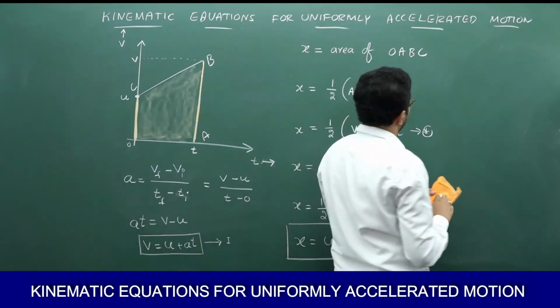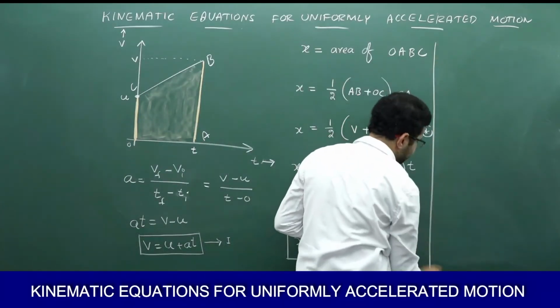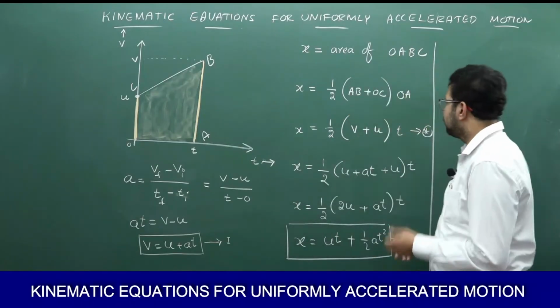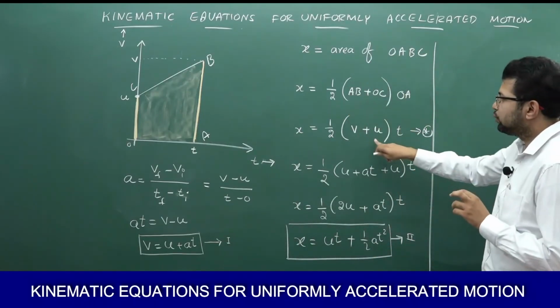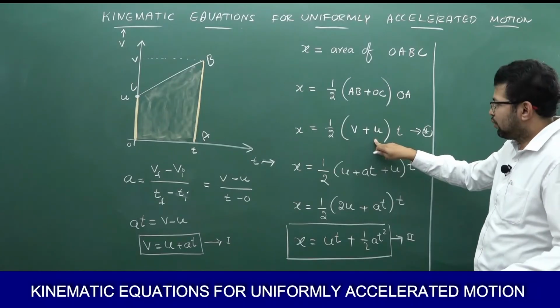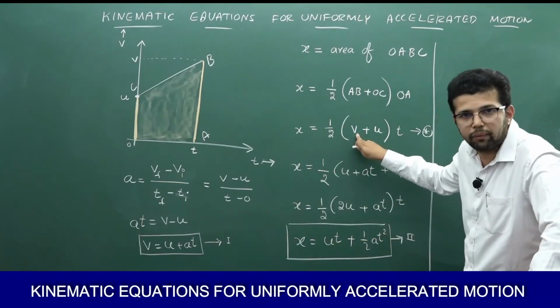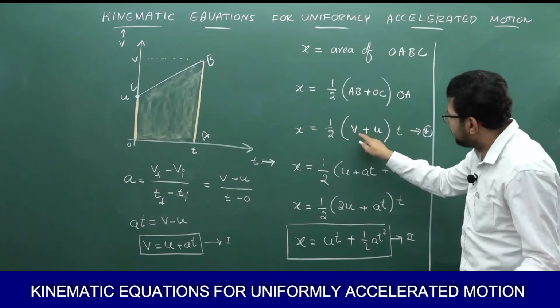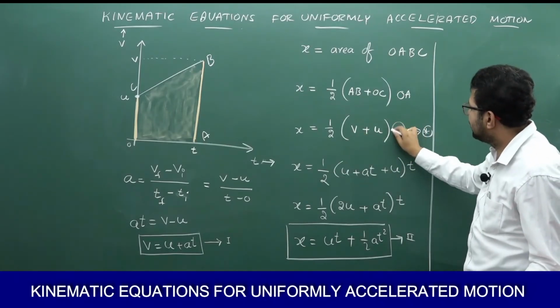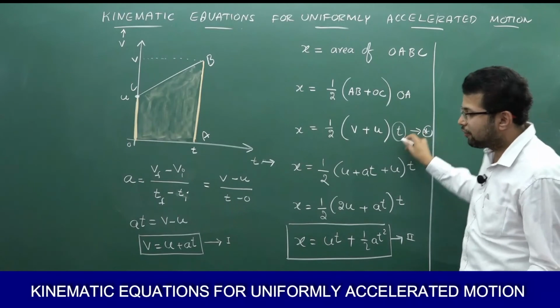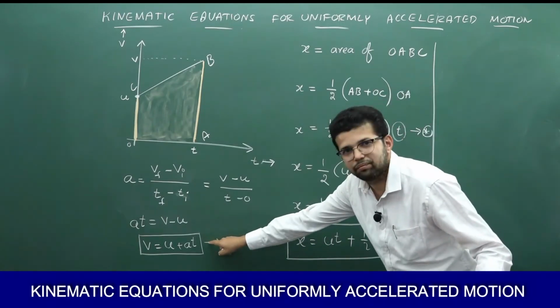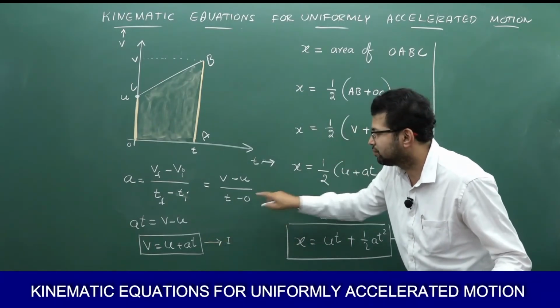Now, we will derive the third equation of motion. To derive x is equal to ut plus half at square, I have substituted for v. To derive the next equation of motion, I will substitute for t with the help of this equation.